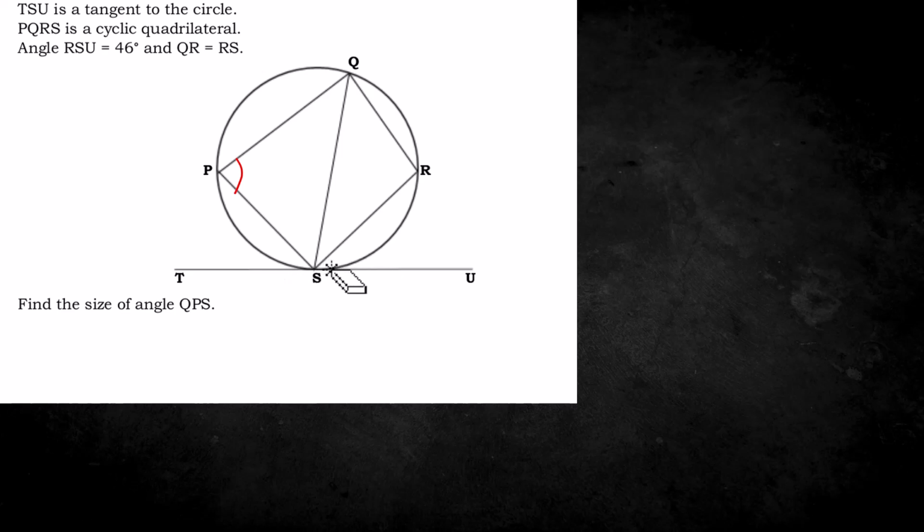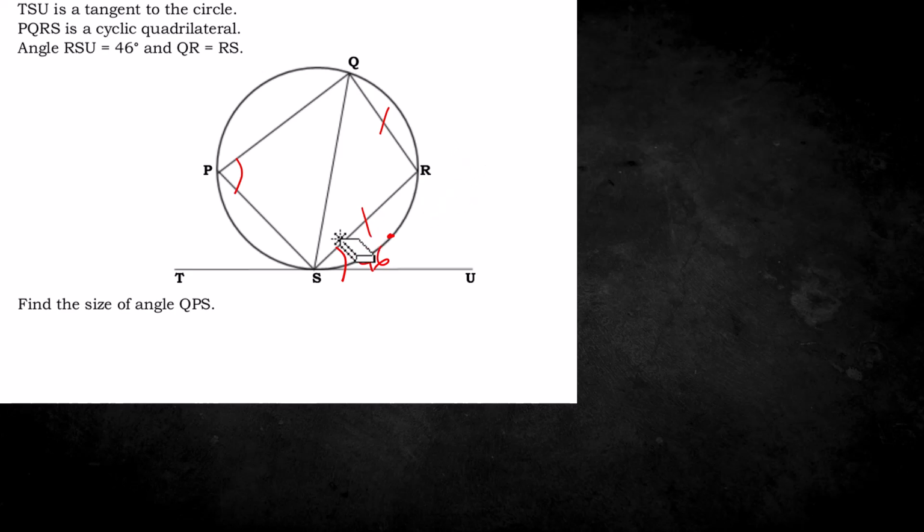So angle RSU, this side, is 46. And if this side is 46, the question says QR is equal to RX.